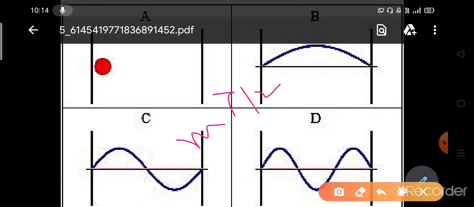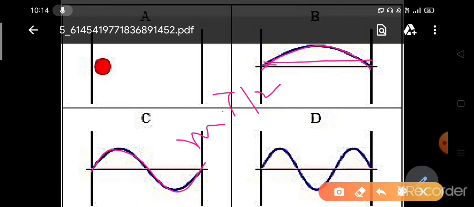So the constructive interference forms the stationary waves. In view of the wavelengths, we can understand that for n equals 1 this is lambda by 2, and for n equals 2 it is this amount.